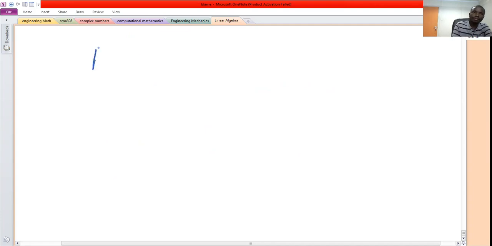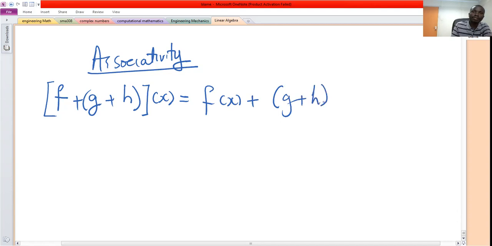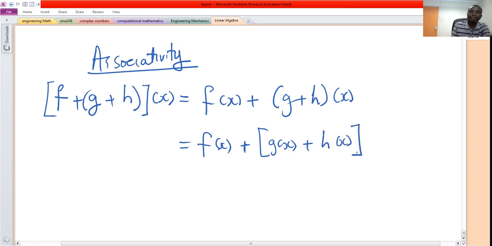Next, associativity. So f plus g plus h of x equals f of x plus g, by definition, which is the same as f of x plus g of x plus h of x.